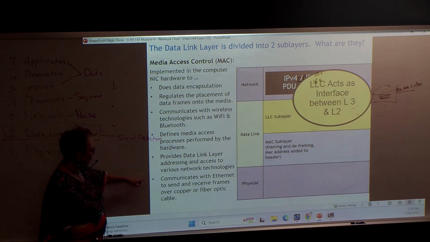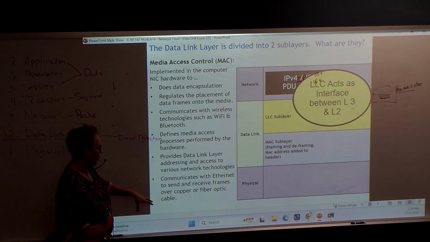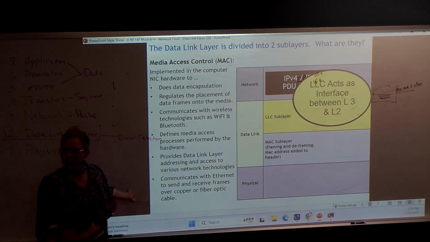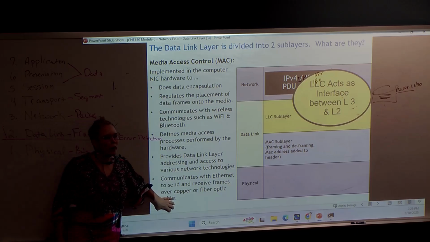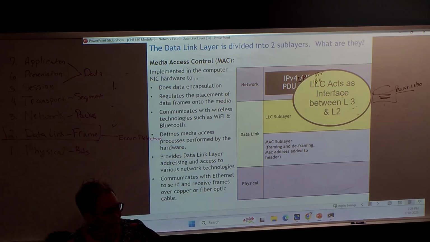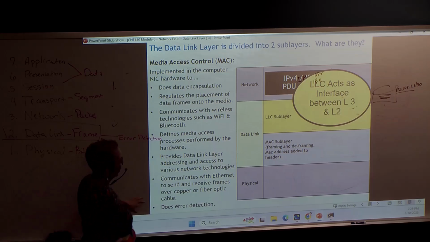It communicates with Ethernet to send and receive frames over the copper or the fiber optic. Remember, it's interfacing with the media, so that makes sense. It does one more thing. Can somebody tell me what that one more thing is? Yes, it does error detection.